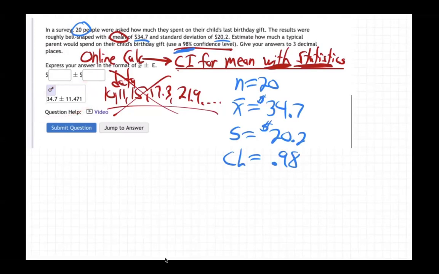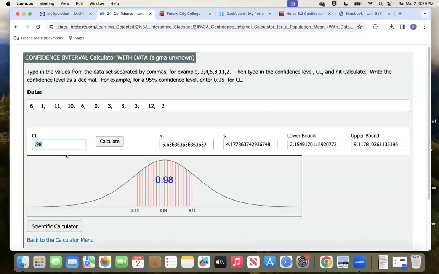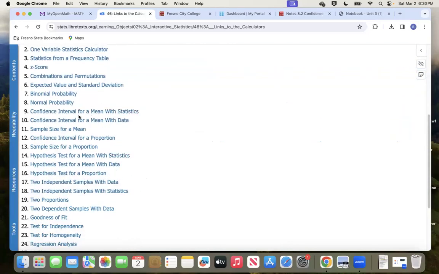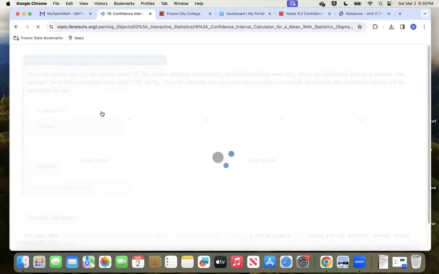If I switch over to the online calculator here, let me get back to the main menu. Okay, so here's the online calculator. Confidence interval for a mean with statistics, number 9. That's where we're going. It's not data. There's no data. And it's not a confidence interval for a proportion. There's no percentage here. I'm going to go with statistics, number 9.